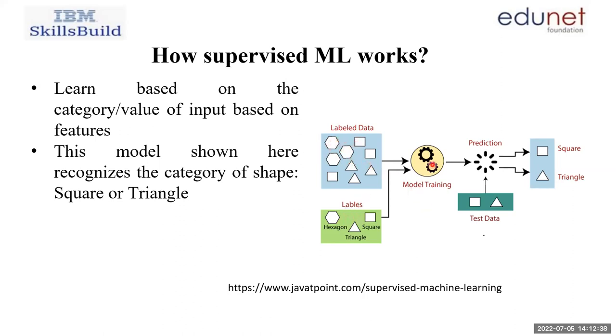This model is trained using the data set with the labels hexagon, square, and triangle. Once the model has learned, it is able to identify any unseen test data with the same features, and predict whether it is a square or a triangle.